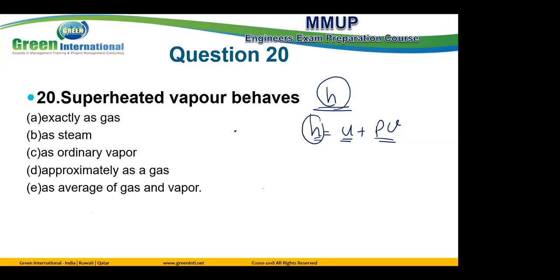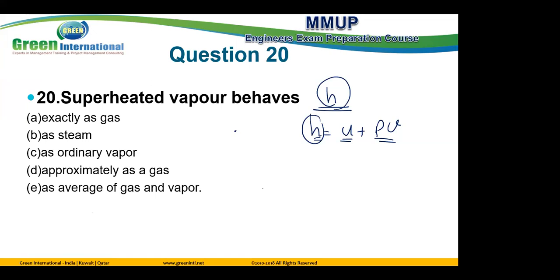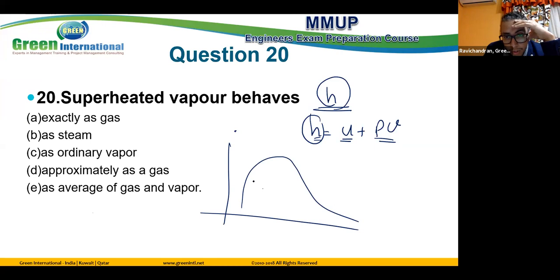When we boil water, it starts boiling at 100 degrees at constant pressure. The behavior is like this: wet steam, then dry steam, then superheated steam. This is the profile for water. So this is the constant pressure line.